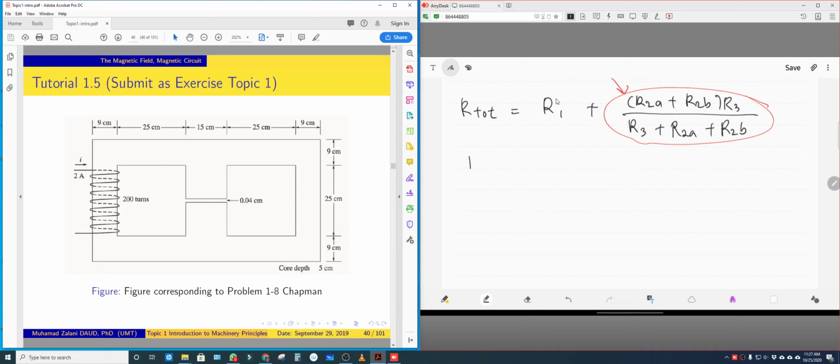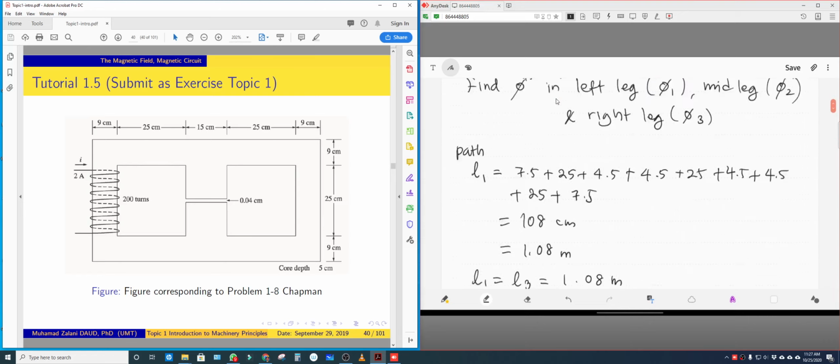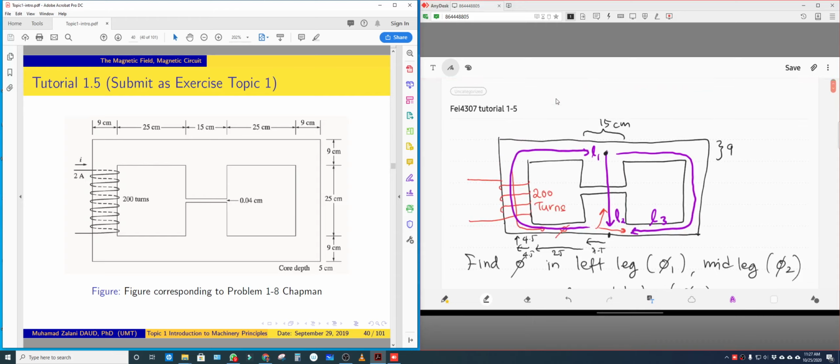Tapi sebelum tu, bagaimana pula dengan cross sectional area? So cross sectional area sebenarnya, kalau kita nak daripada figure ni, cross sectional area bagi kawasan ini sama juga dengan cross sectional area kawasan ini kan? Sama.